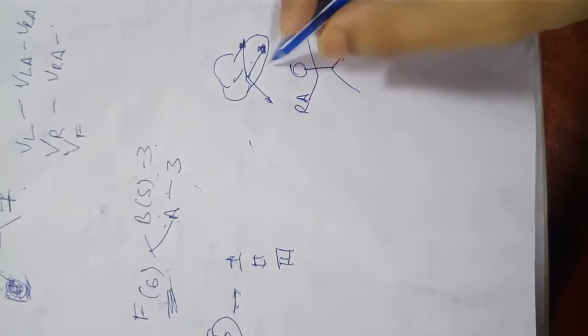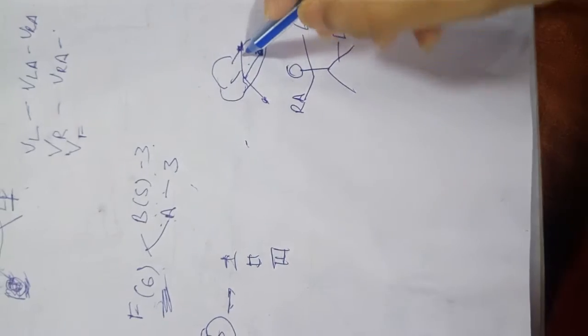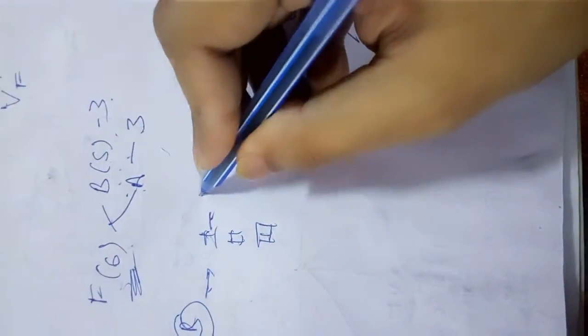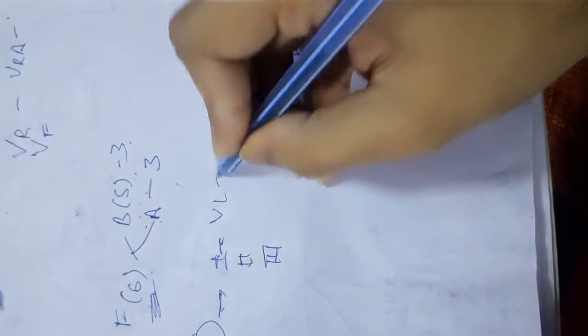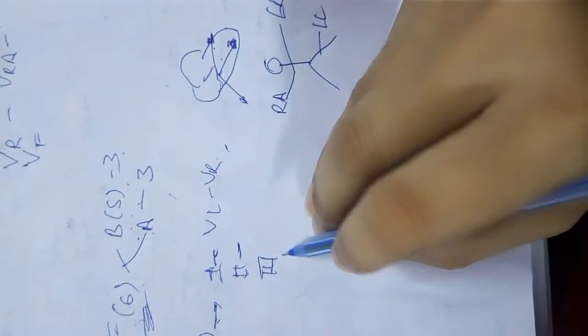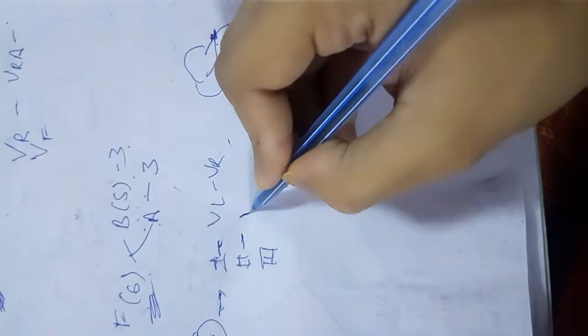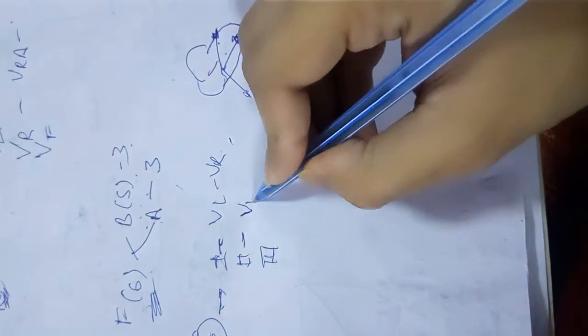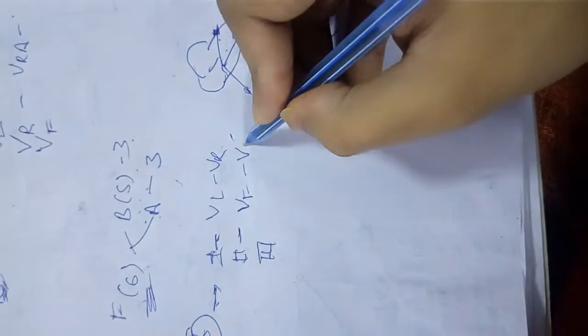So vector 1 is on the horizontal axis, so it will be VL minus VR, left arm minus right arm. Vector 2 will be VF minus VR.